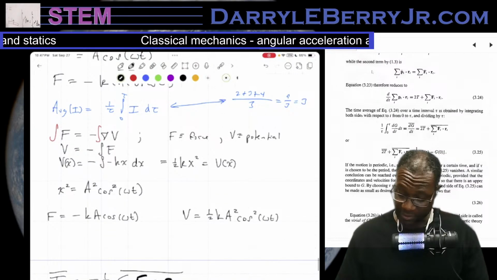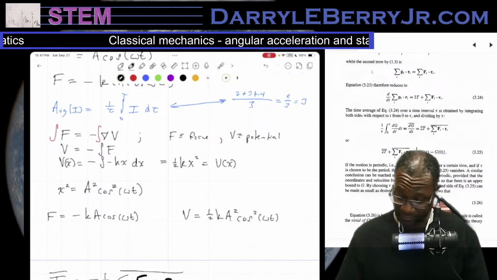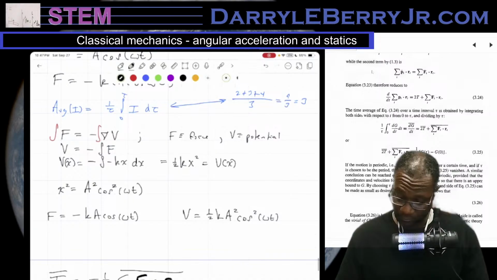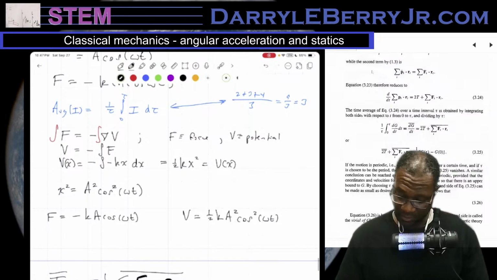So it's the same thing as saying negative 1/2. We only have one object. So negative 1/2 F r because theta equals 0, and F equals negative kx.